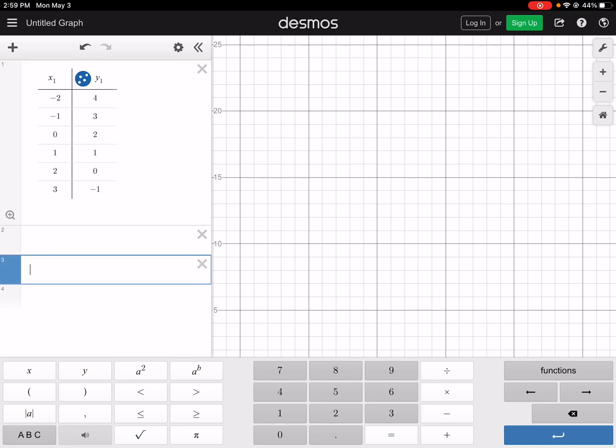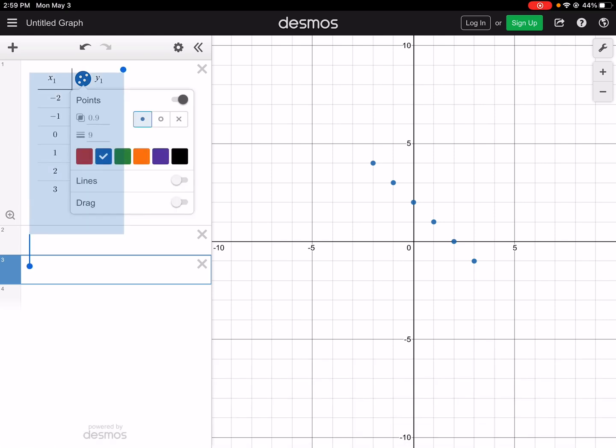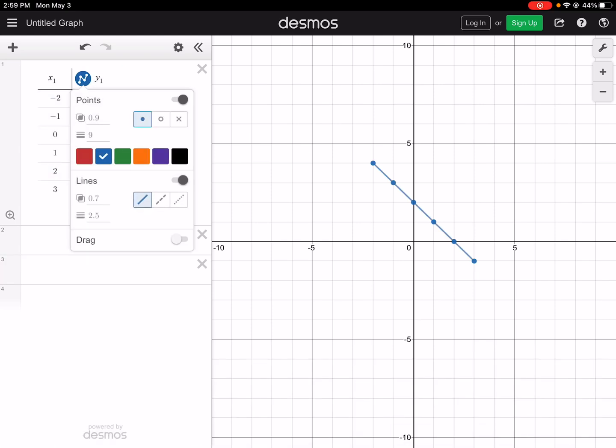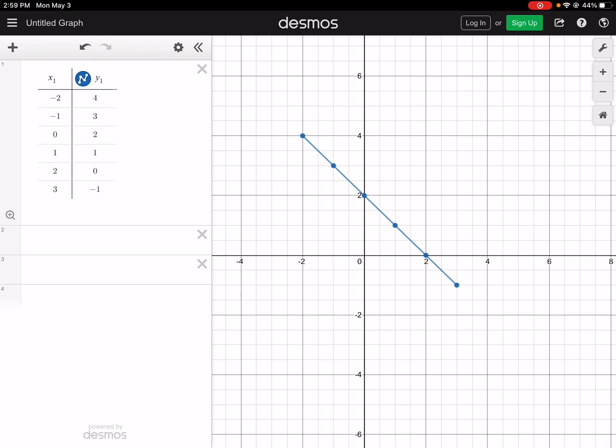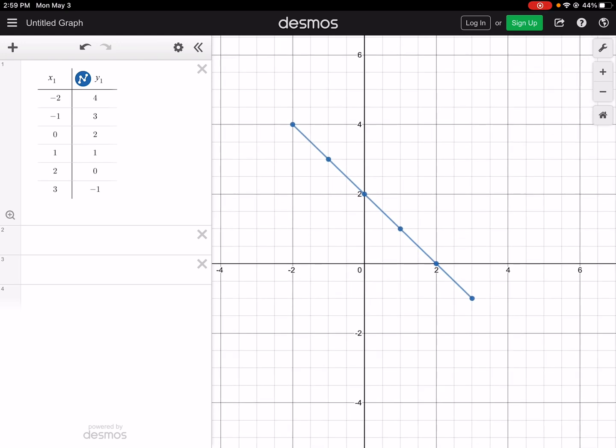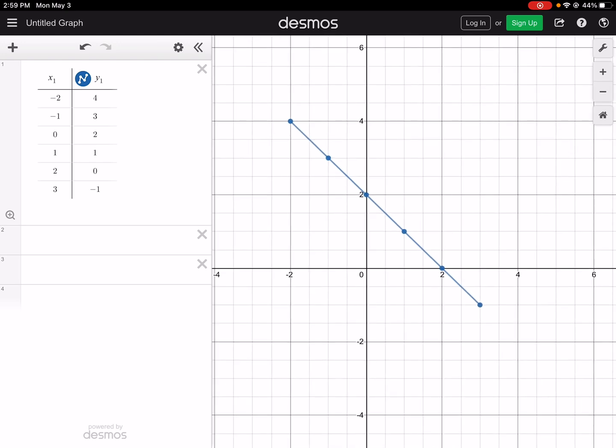Okay, so I want to see what this graph is, so I'm going to mouse over there, turn my line on, and I can see my line. Now remember, on this graph, it's going to go on forever. This is just a piece of it right here because I just plotted points. But this would be a line that goes on forever and ever.